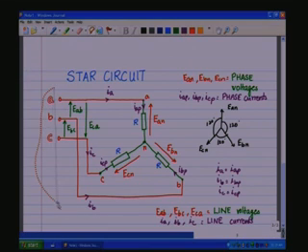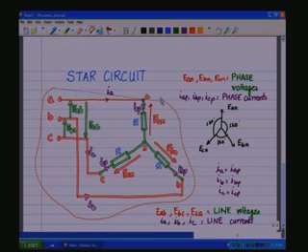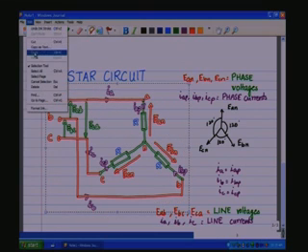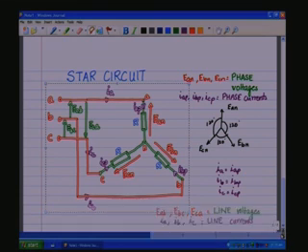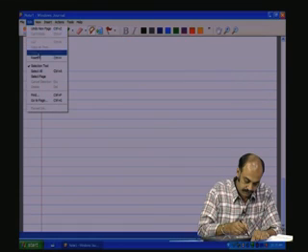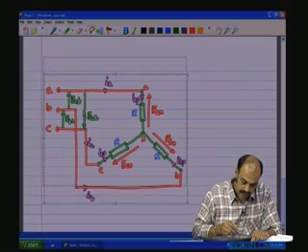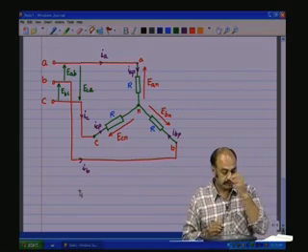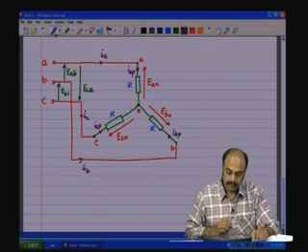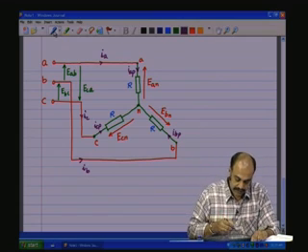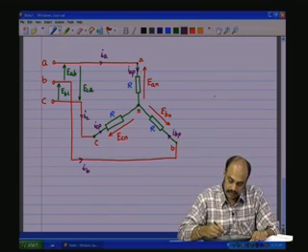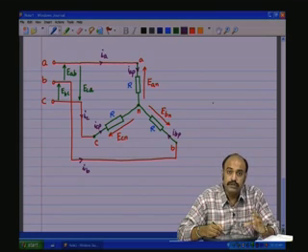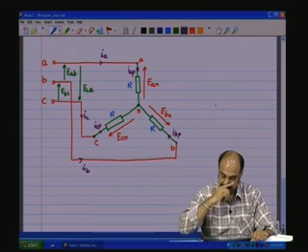So, for that let us have a copy of this circuit, so that we need not draw it again. Let me copy it, let us go here and then paste it in the next page. So, we have the circuit here. First, let us have a picture of the phasor diagram.